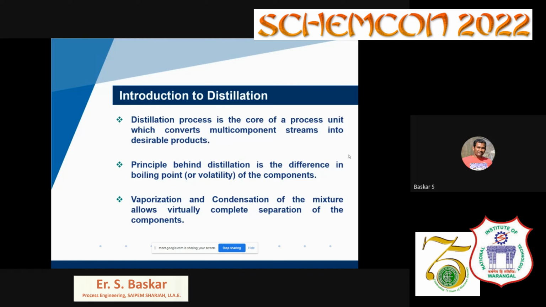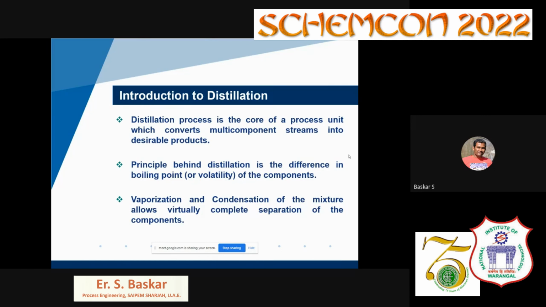Introduction to distillation. Many of us know what the distillation process is. Maybe a few people may not be aware of it, so I will just touch upon a brief description. Basically, the distillation process is the core of a process unit which converts the multi-component feed into desirable products.